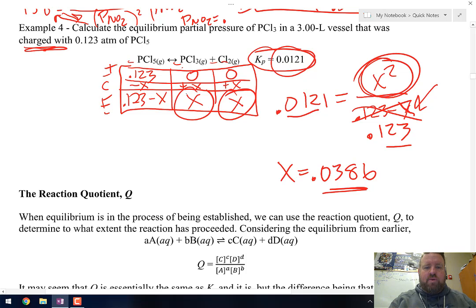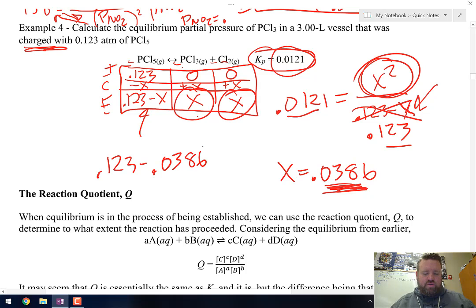The equilibrium pressure of PCl3 is 0.0386. And the equilibrium pressure of PCl5 is 0.123 minus 0.0386. So 0.123 minus 0.0386 equals 0.0844. Okay? And that is a good introduction to solving equilibrium problems that involve algebra.